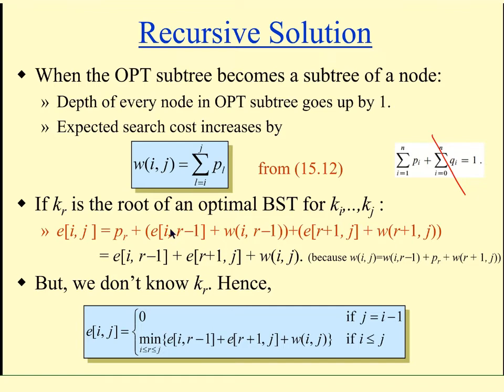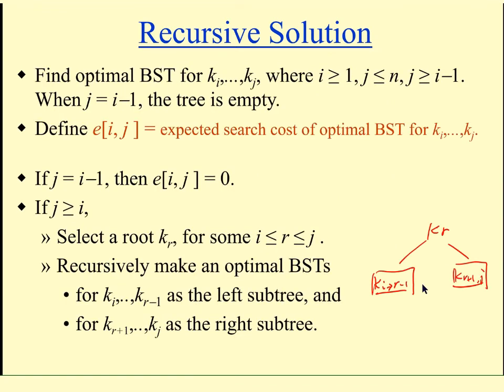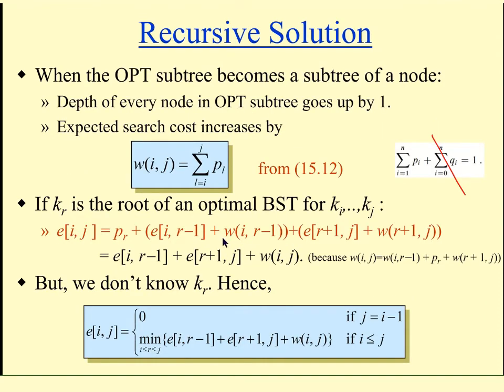But if we put this subtree under the root kr, then it will be increased by its cost. Okay? If the subsequence is i to j, then you sum all of them together.